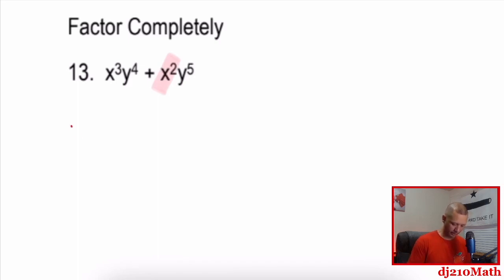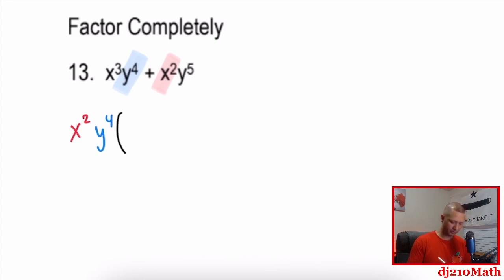So x squared is going to come out. What about the y's? What's the biggest y? Y to the 4th. So y to the 4th.